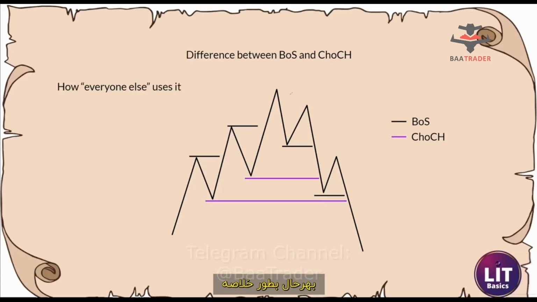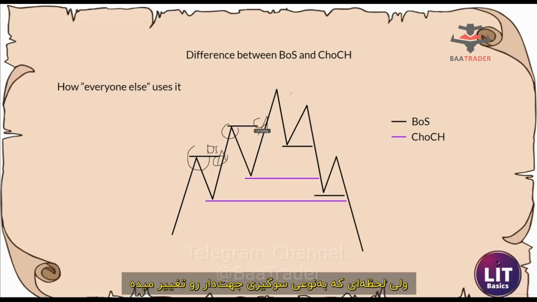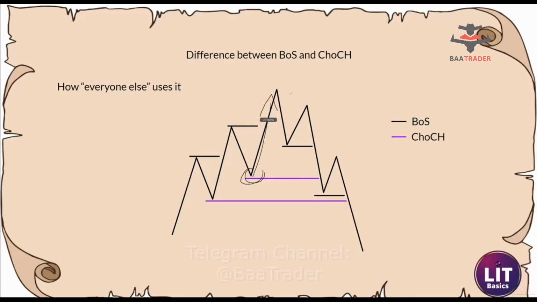But in a nutshell, this is how they use BOS and CHoCH, change of character and break of structure. If it's higher highs, they say this is a break of structure. This is a break of structure, it makes a new high, this is a break of structure. But the moment it changes the directional bias, like this makes a new high, and then of course this one didn't break this one, okay?